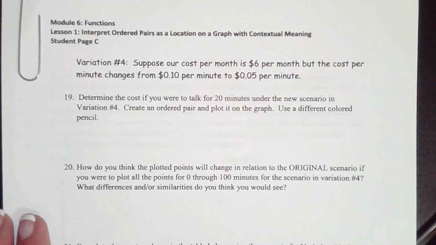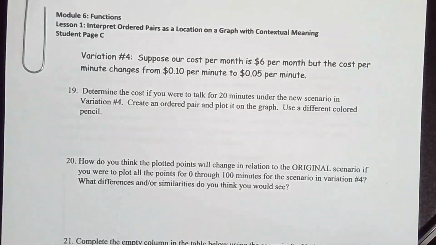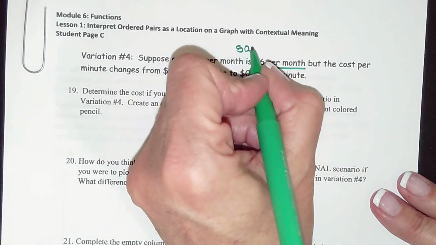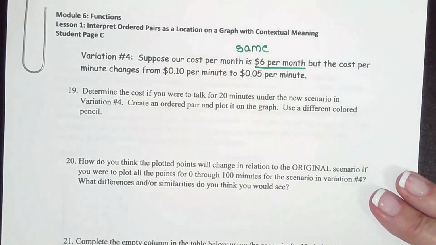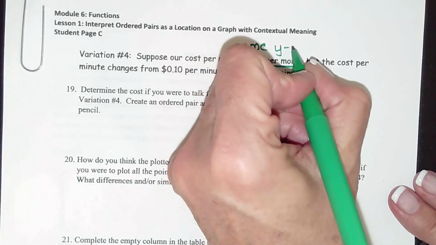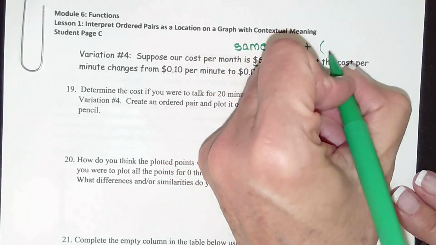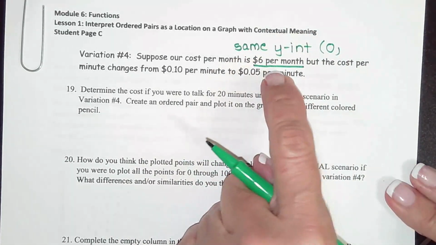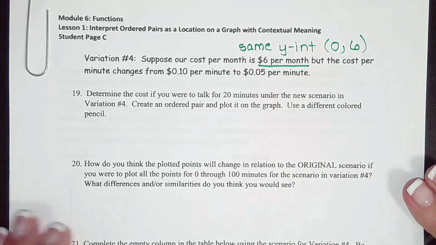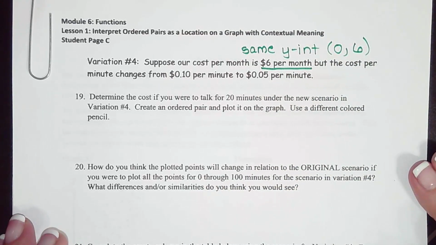But does everyone agree it's still going to have the same y-intercept? So if you talk 0 minutes, because y-intercept, remember, always has x as 0, and x is minutes, so 0 minutes are still going to cost $6. So same y-intercept as the original.